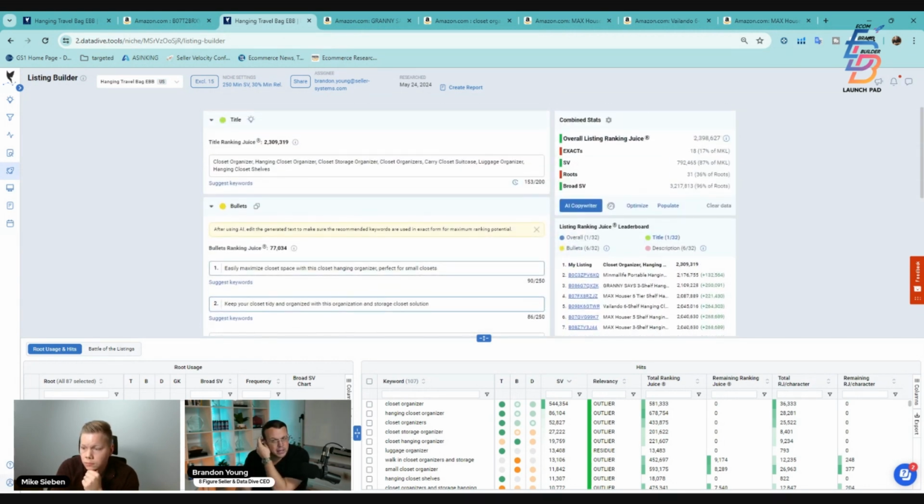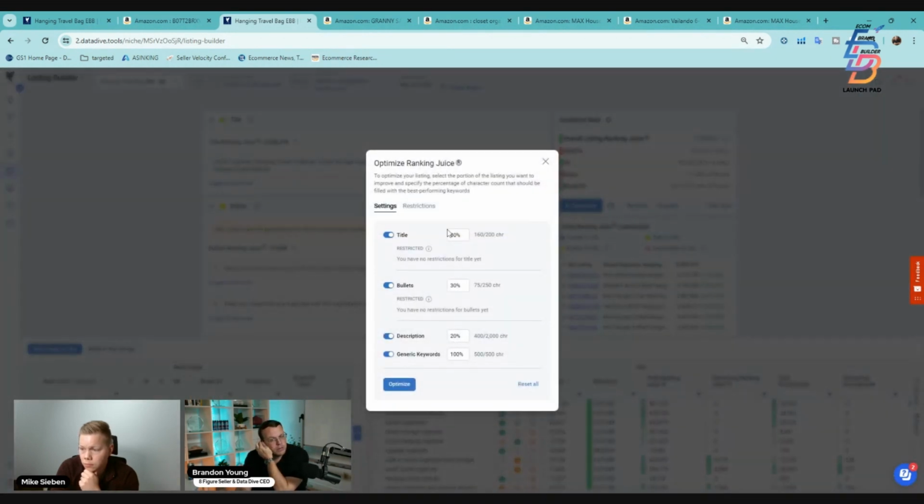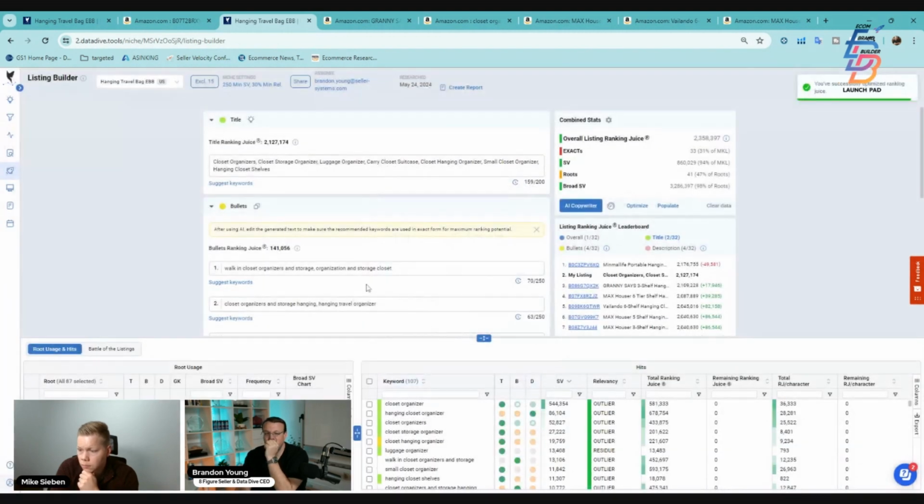So what I like to do sometimes is to optimize instead of maybe using the AI right away. If I want to optimize the title and the bullets, I want 75 characters of just keywords, right? So if we do it that way, watch what happens. I've got 2 keywords here: walk-in closet organizers and storage, and organization storage closet.